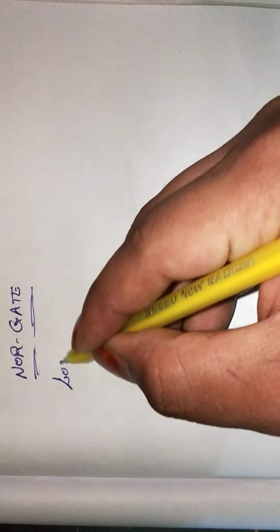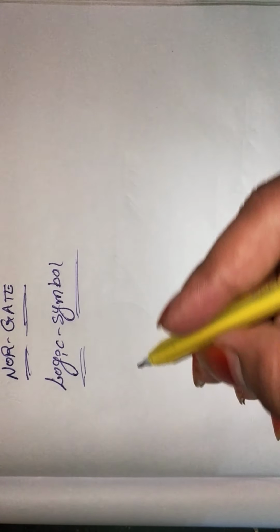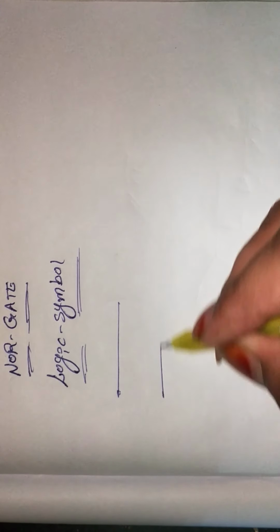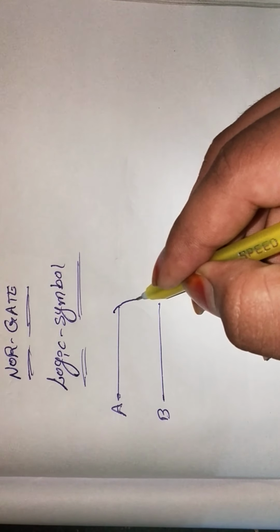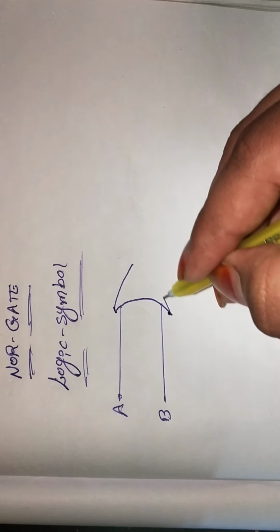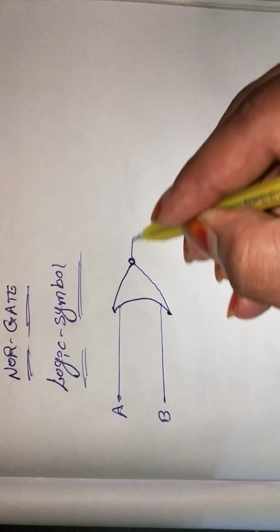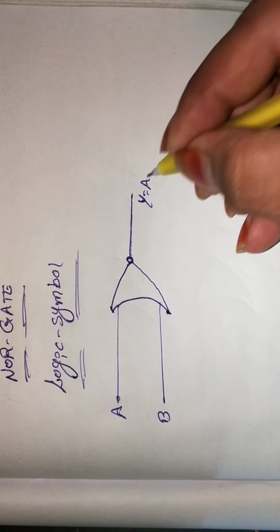Logic symbol of NOR gate. We will take two input variables A, B, y equal to a plus b whole bar.